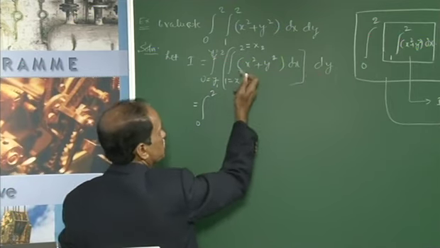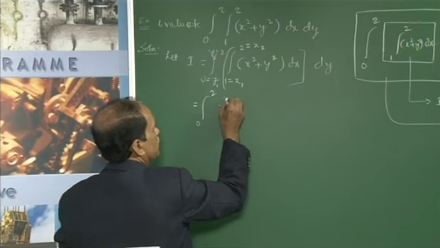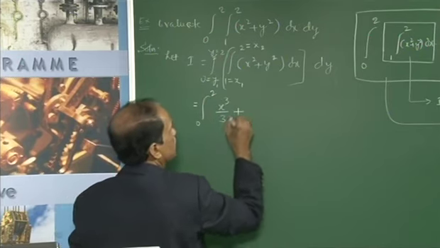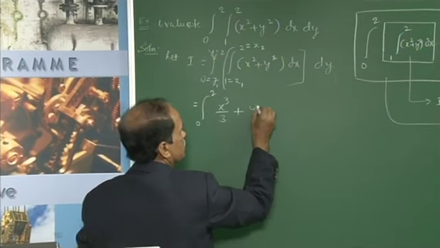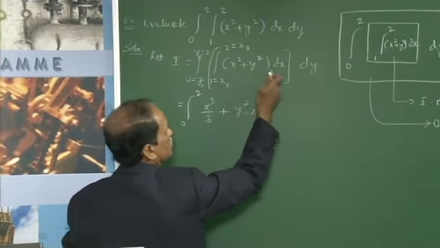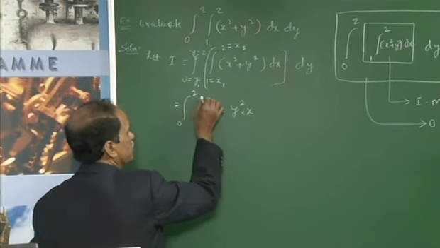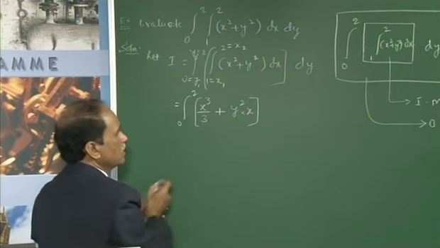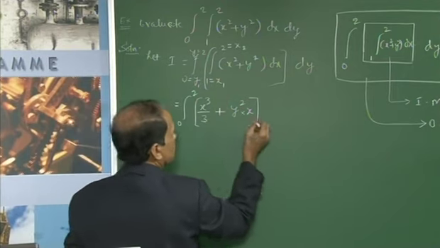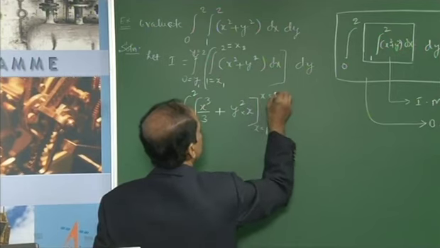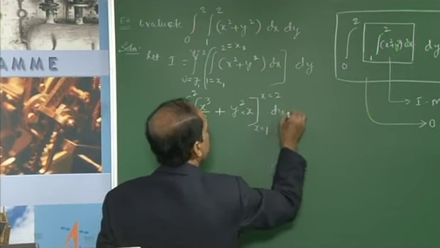Yes, let me proceed with this, that is x cube by 3 with respect to x, and here y square happens to be the constant, then y square into x, because y square into dx gives us this integration. Now you are going to replace the limits x equal to 1 and x equal to 2, then dy as it is.